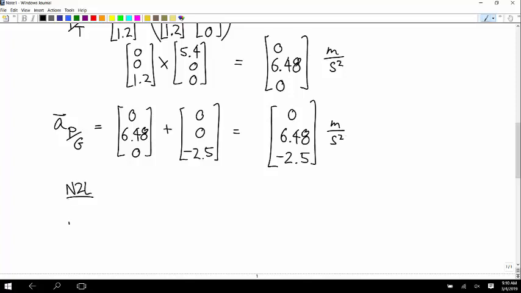And with Newton's second law, there's no reason to draw a free body diagram if you're just trying to calculate the net force. That's the only time you don't have to draw a free body diagram.